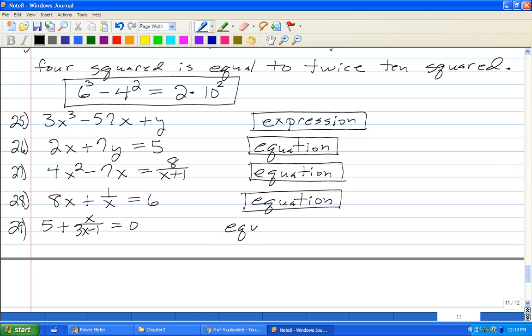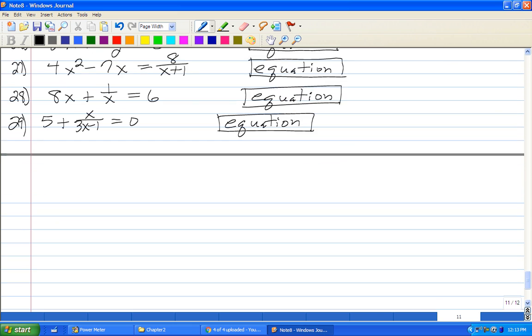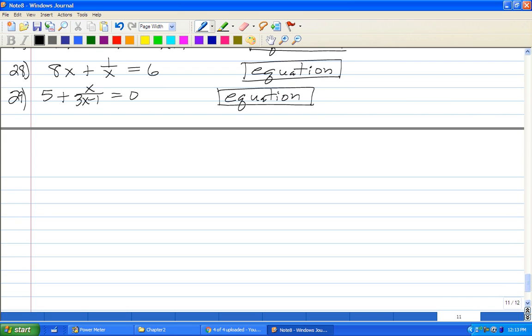We have an equal sign. 30: 1 over x plus x equals 20x squared. Again, there's an equal sign, so this is an equation.